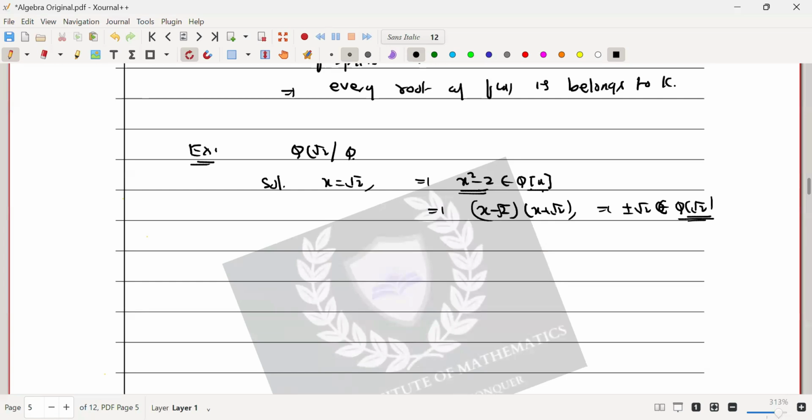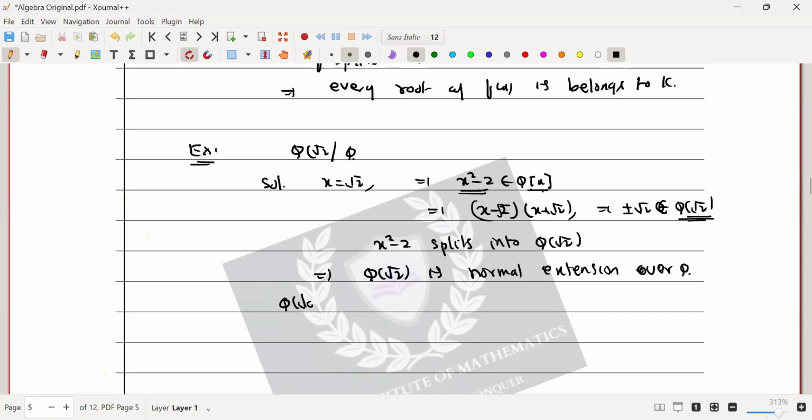So that means x squared minus 2 splits in Q(root 2) into factors. Therefore Q(root 2) is a normal extension of Q. In a similar way, Q(root d) over Q, where d is square free, is always a normal extension.